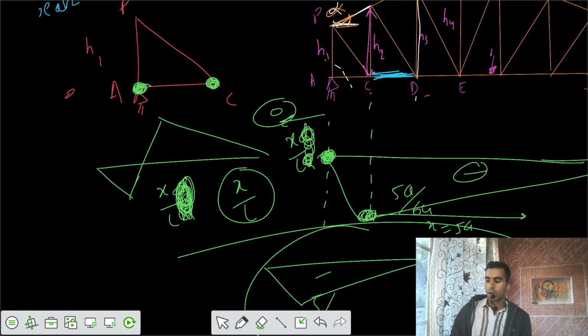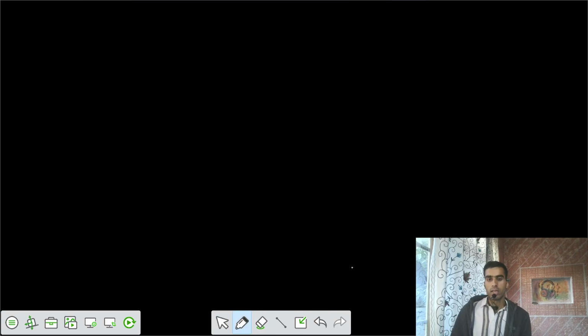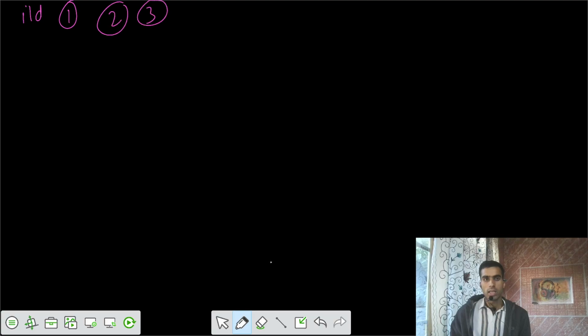Now we have the first and the final problem related to those trusses. Let's take this problem and wind up this class. We need to draw the ILD for members 1, 2, and 3 in a deck type bridge truss, with deck type loading.